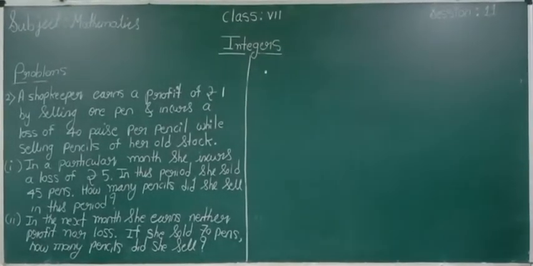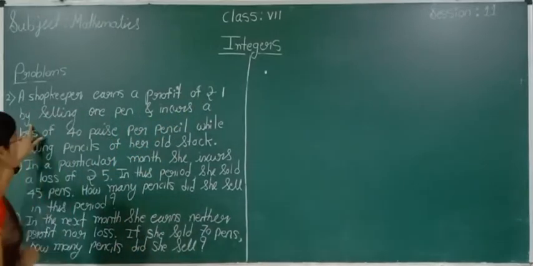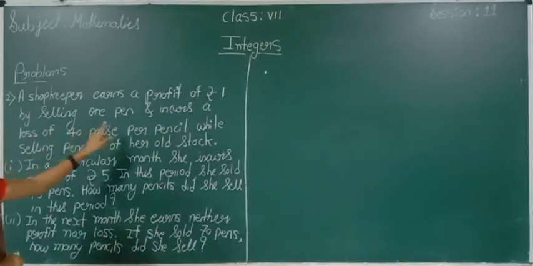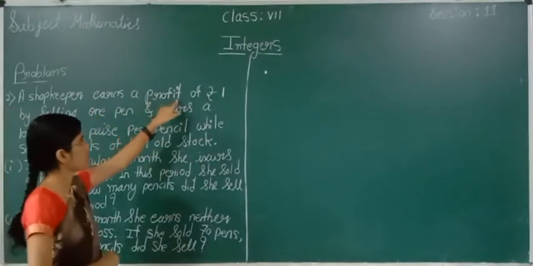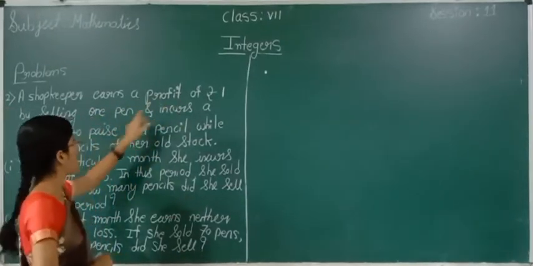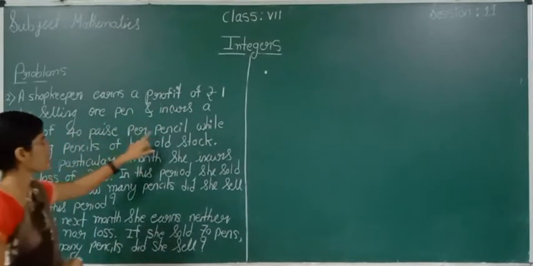The next question says that a shopkeeper earns a profit of rupees 1 by selling 1 pen, and incurs a loss of 40 paise per pencil.